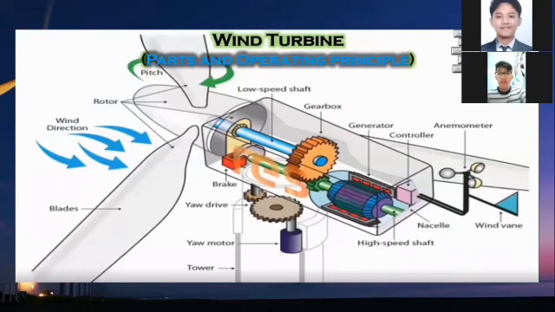We can see the blade itself, and the rotor that I mentioned earlier. Then the low speed shaft, gearbox, generator, and we can see the controller and the brake, mostly near the rotor. Then the yaw drive, yaw motor, and the tower, which is the stand itself. Then the high speed shaft, nacelle, wind vane, and anemometer.